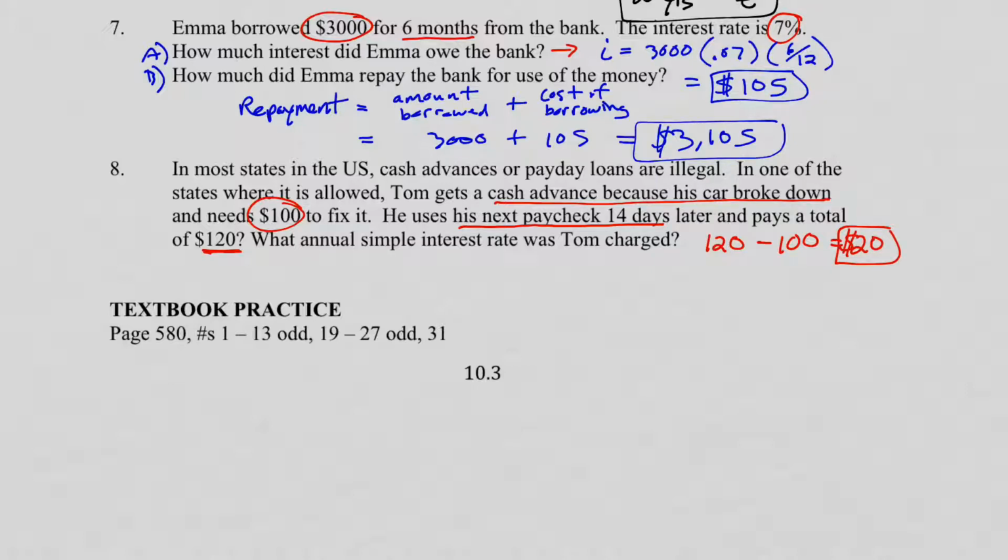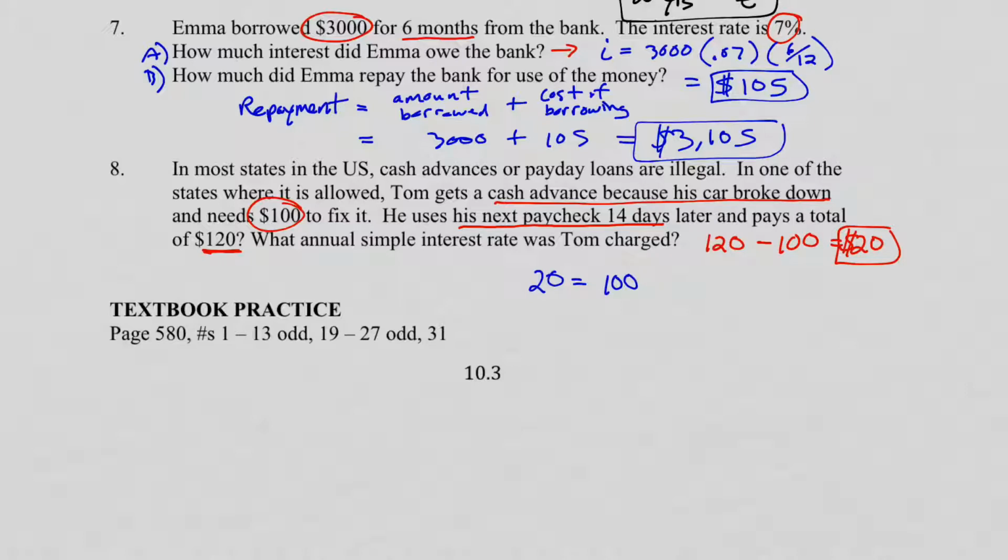If $20 is the amount that was charged to this person, how much is the interest rate? Let's take a look at that. They're charging him $20. That's the cost of borrowing the $100.